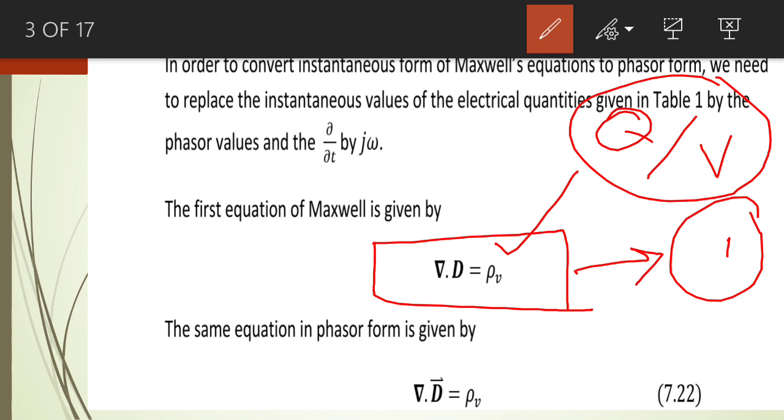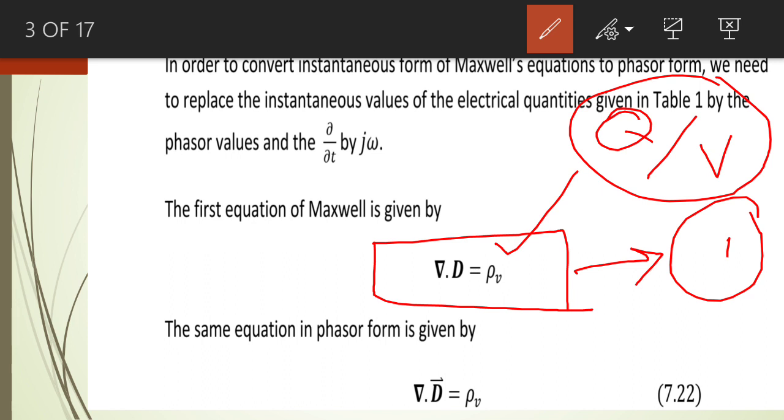We want to convert this equation into phasor form. And if you want to convert the instantaneous form of any equation into phasor form, there are 2 steps.